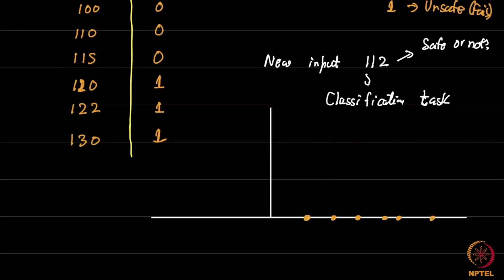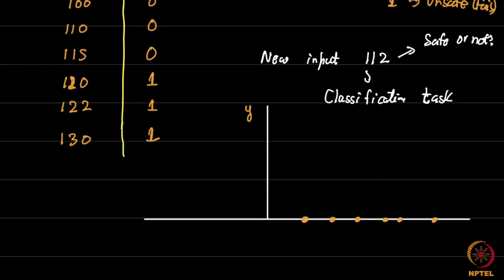I could say that Y as a plot looks like this, that at these points, it was safe. So let me draw this with a green circle when it is safe. So safe, safe, safe. So this was 100, 110, 115. And this is 120, 122, 130.